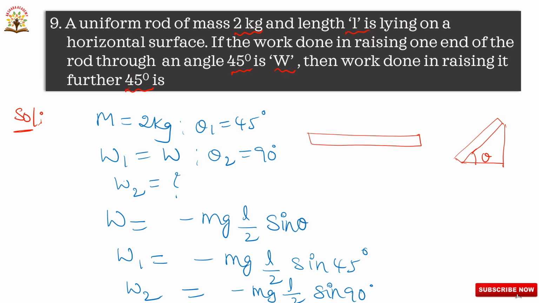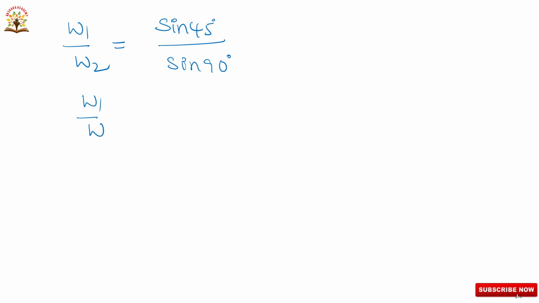So W1 by W2 is equal to, here minus mgL by 2 and minus mgL by 2 get cancelled, and the remaining is sin 45 degrees by sin 90 degrees. So W1 by W2 is equal to 1 by root 2 over sin 90, which is 1.